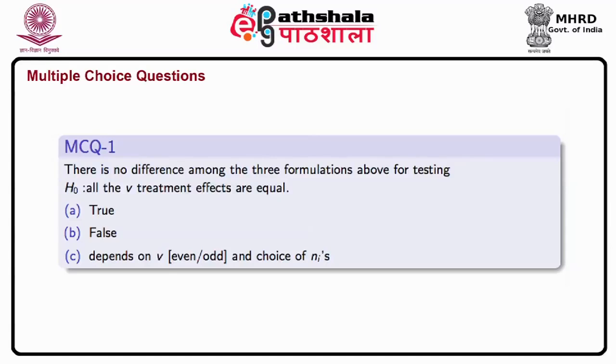There are 3 formulations given, set 1, set 2, set 3. And the question is, is there no difference among the 3 formulations for testing H naught, all v treatment effects are equal. You are given 3 options: whether all the 3 statements are equivalent, true or false, or it depends on whether the number of treatments is even or odd, and also on the choice of the replication numbers. So these are the MCQs coming up here.